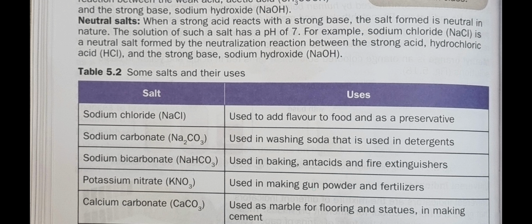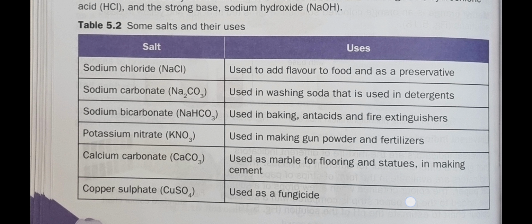Some salts are given here and you can see their uses. Sodium chloride NaCl is used to add flavor to food and as a preservative. Sodium carbonate Na2CO3 is used as washing soda, used in detergent. Sodium bicarbonate NaHCO3 is used in baking, as an antacid and in fire extinguishers.